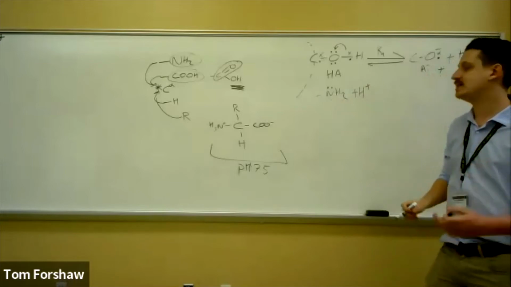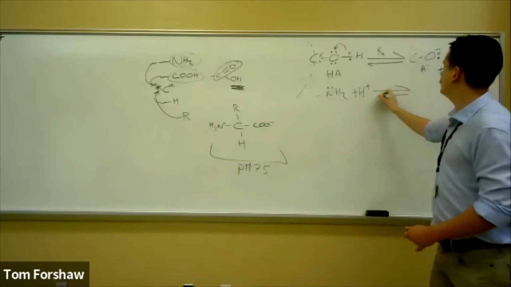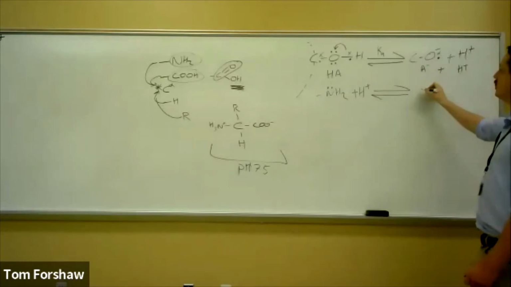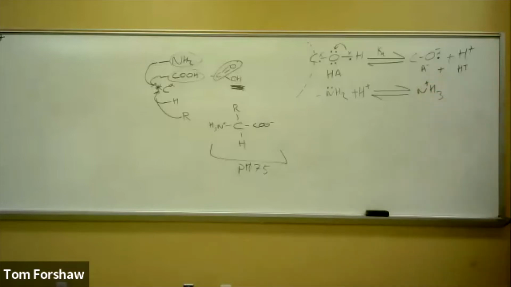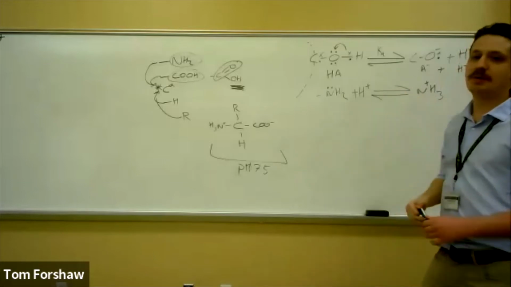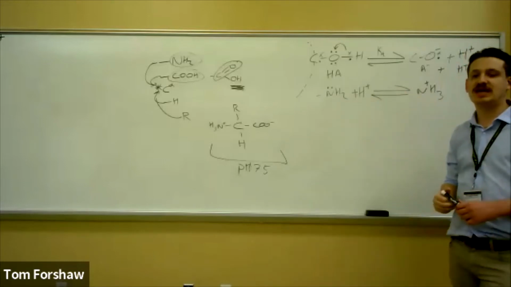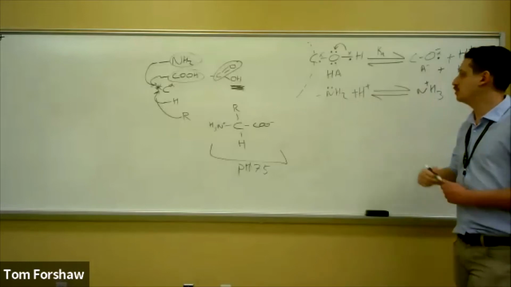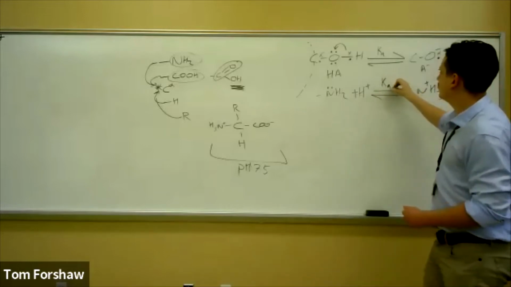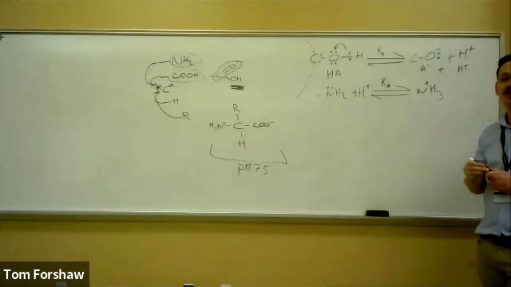It's a weak base. And so what you will find is that, again, you can form an equilibrium, and in that equilibrium you can get NH3. It's the same thing, but in reverse, because there is a small amount of desire to take on a proton. And this again has a constant, and that will be a Ka as well.